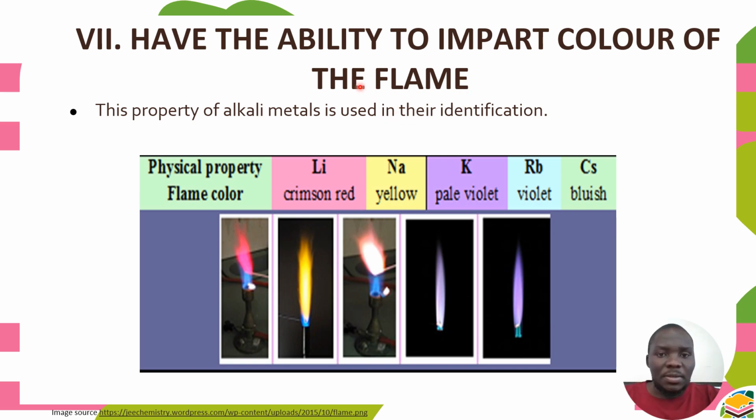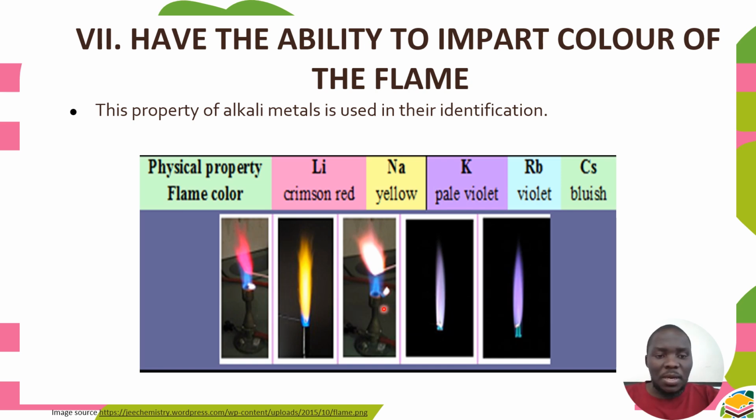So what does this mean? Usually it means when you burn them, they will show different colors. This property of alkali metals is used in identification of the alkali metals. Using the different colors which show when they burn in oxygen, you'll be able to tell that this one is potassium, this one is lithium, this one is sodium.